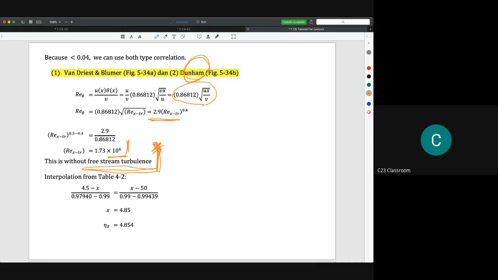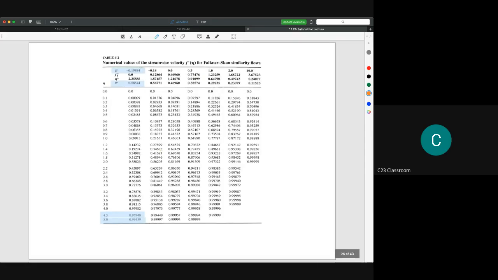Now from table 4.2, this is the beta, which is negative 0.19. So we get the 99% here. Now we try to get the very specific value, because we have 0.97 here and 0.994.